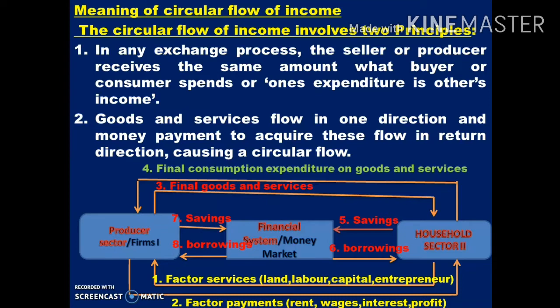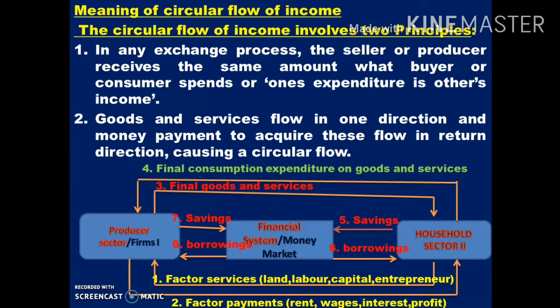Okay, so you can see point 1 for factor services. What are the factor services? You know that factor services are land, labor, capital and entrepreneur. So you can see the two sectors. You have to study only the two sector model. There are only two sectors here, producer sector, firm 1, and household sector 2.